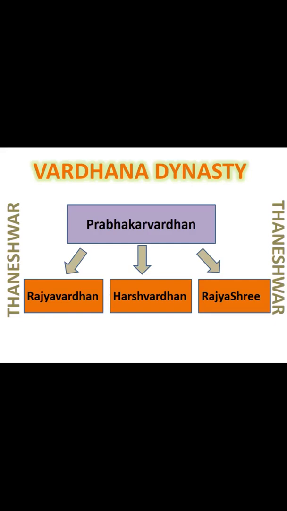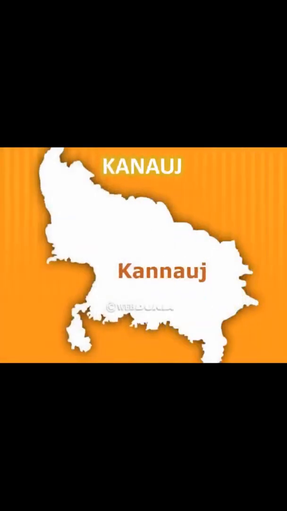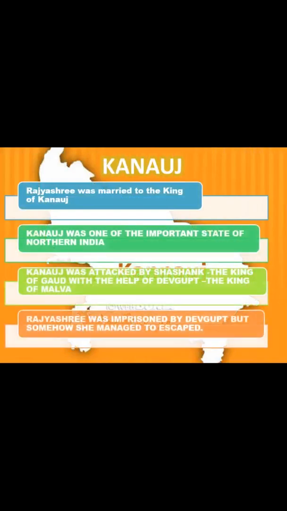He had 3 children: Rajyavardhan, the elder son, Harshvardhan, and their sister Rajyashri. Rajyashri was married to the king of Kannauj.